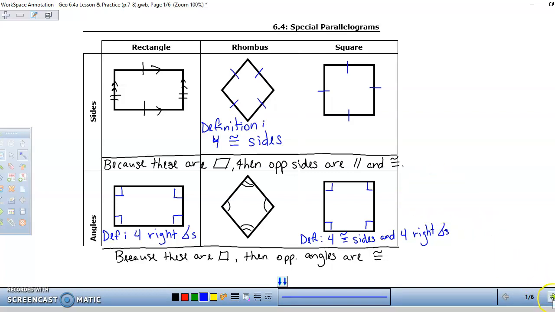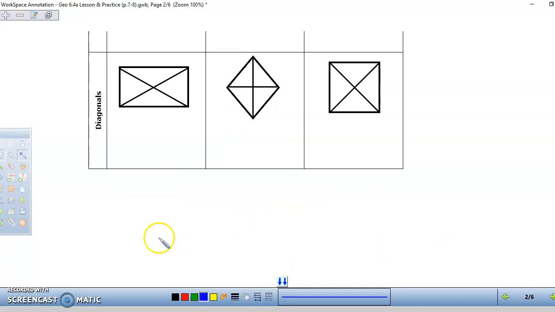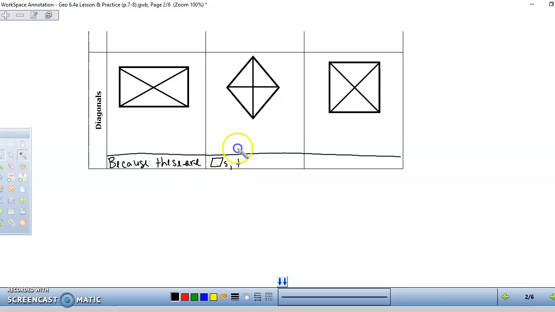Okay, looking at the next thing, diagonals. So let's just draw ourselves a nice little line here. Because these are parallelograms, again, here's the symbol, then we know that diagonals bisect each other.